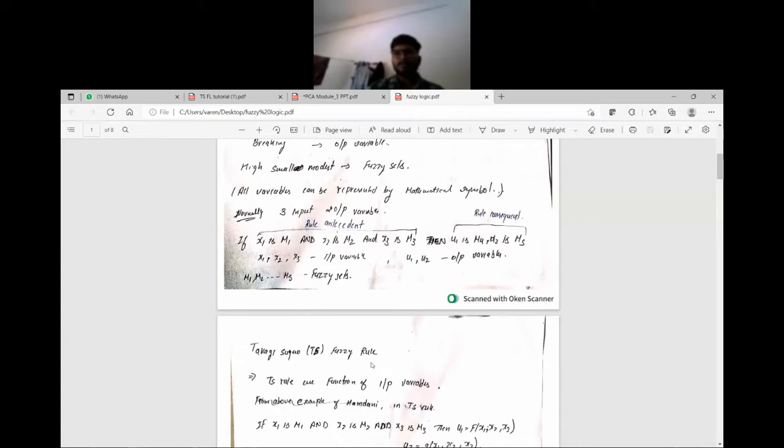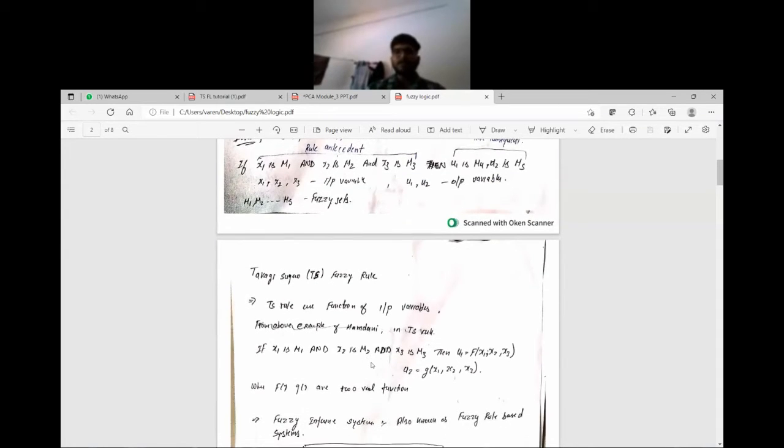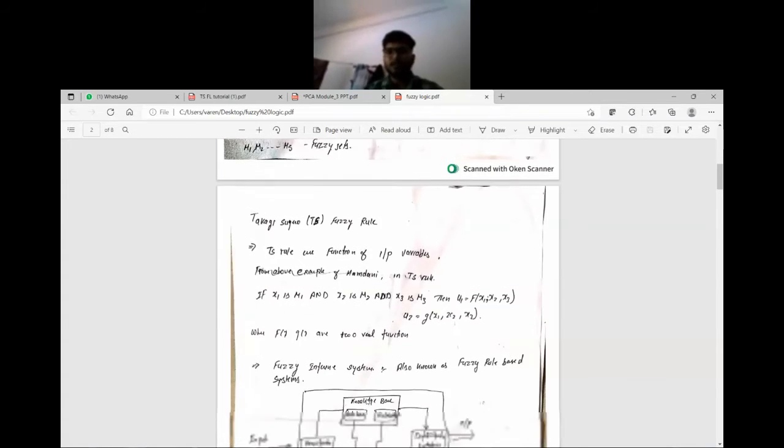Now let's familiarize ourselves with the Takagi Sugeno fuzzy model. The Takagi Sugeno fuzzy model is nothing but Mamdani fuzzy rules, but in the output we use a function of the input variables. Output is a function of the input variables.